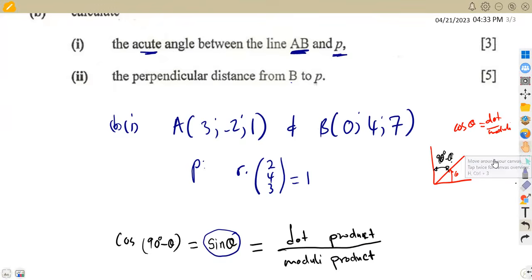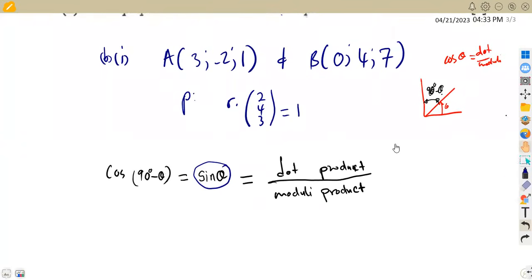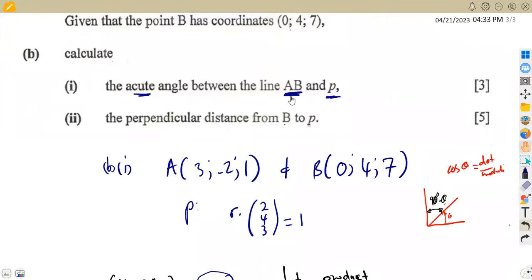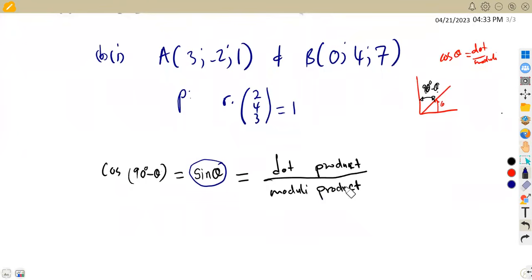So the dot product that we are referring to in this case is the dot product of the line AB. Take note, it's line AB. We are going to take the dot product of AB with the plane's normal, which is our n.